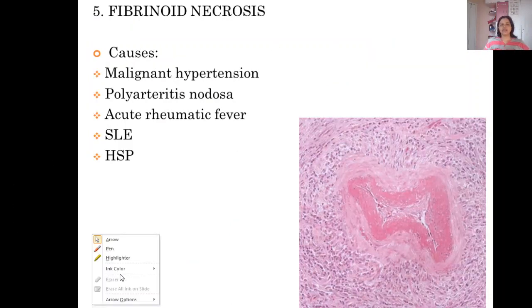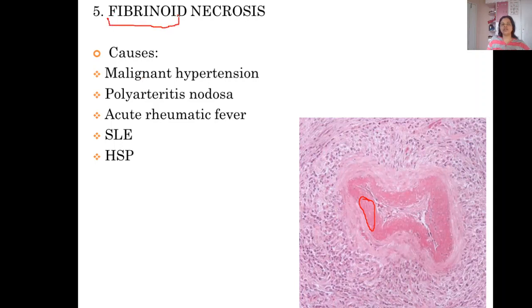The last type of necrosis is fibrinoid necrosis. This is so called because in this you get the deposition of pink colored material which is fibrin-like, hence it is called fibrinoid. This fibrinoid material is formed by the deposition of antigen plus antibody complexes which give rise to this pink color.